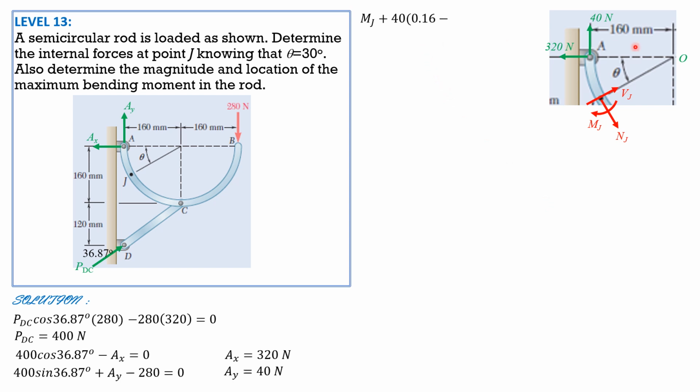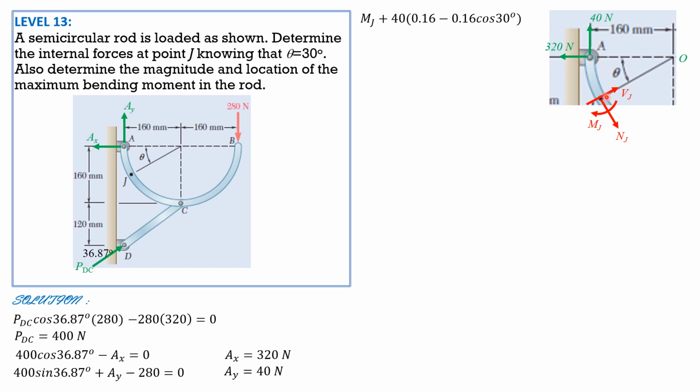So MJ plus 40 times radius 0.16, then minus this distance 0.16 cosine of 30 degrees, theta is 30. That's the moment arm of 40 about J. This horizontal distance here again is 0.16 minus this horizontal projection 0.16 cosine 30. Then minus 320 times 0.16 sine theta.